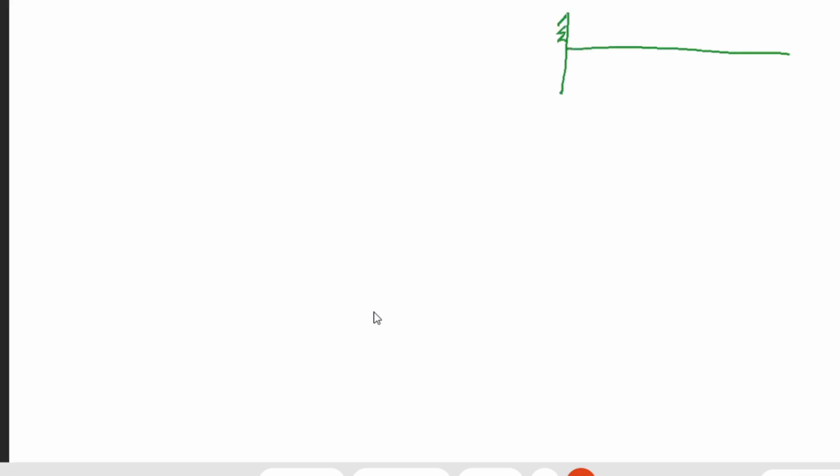We'll solve one problem. We have a cantilever and we have a number of point loads on it. We have point load 1, point load 2, 3, 4, 5 point loads on it, right?